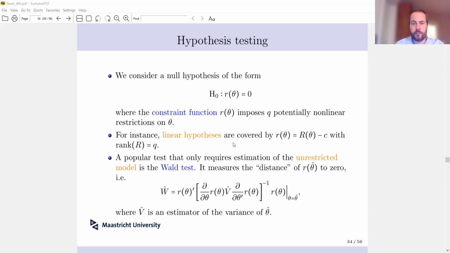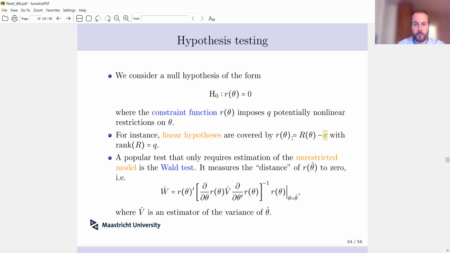For instance, you say the first component of theta is 0. Then you would simply define R such that you isolate the first component of theta minus 0 here. That would give you exactly the hypothesis that the first component is 0. Or you want to test the hypothesis that the first component is twice as large as the second.